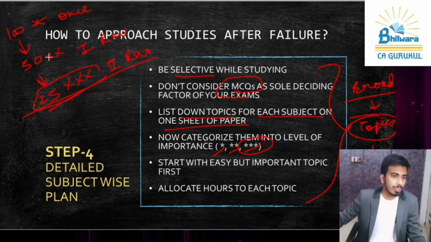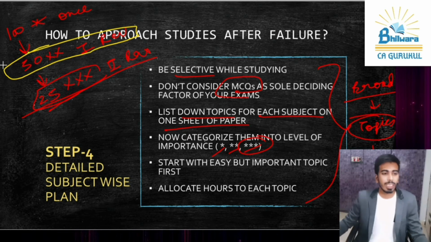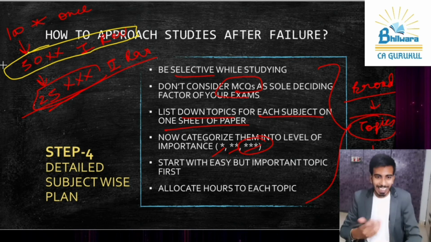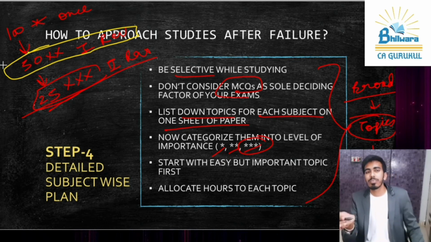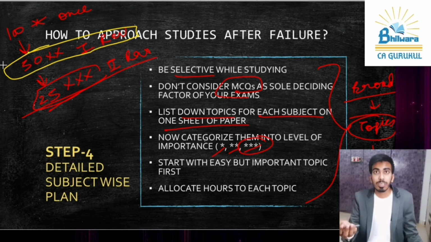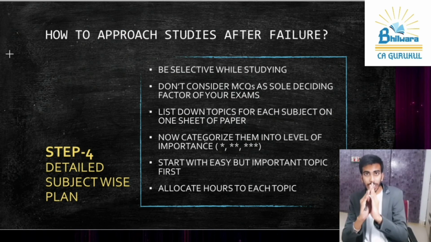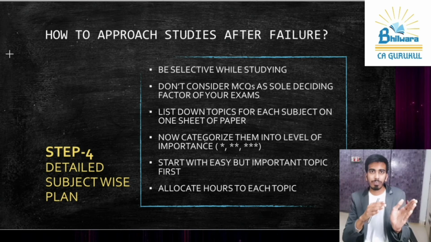Now one of my students asked me how should I identify if some question is important or not. So basically everyone tells you that if it covers the major part of that topic, then it is important. But I'll tell you a different strategy. You should attempt the entire question of above average level, not of average level, above average level.